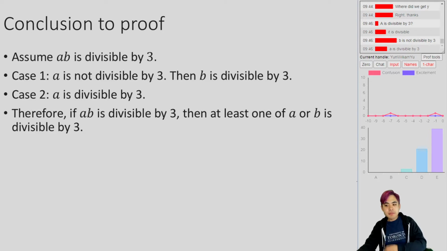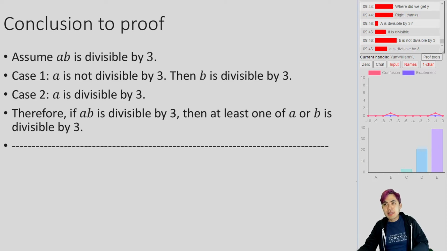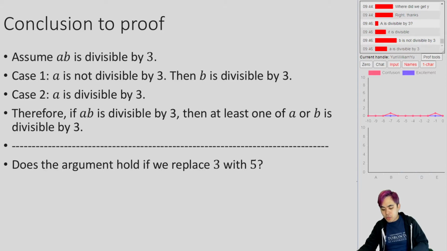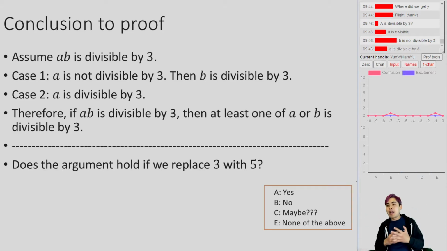Okay. So now that we've done that, what if we replace something in the argument? I'm going to reset the chat now. What happens if we replace 3 with 5? Does the argument still work?